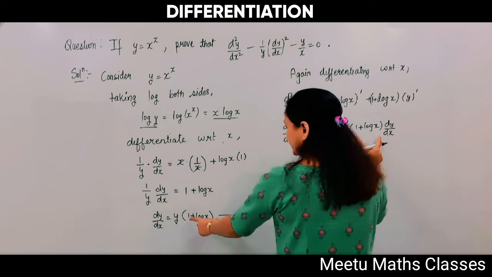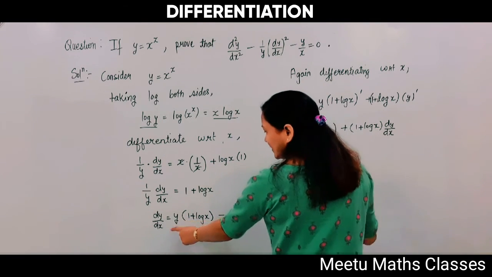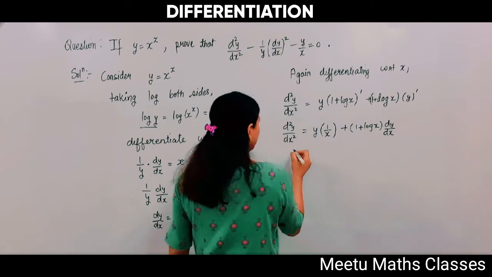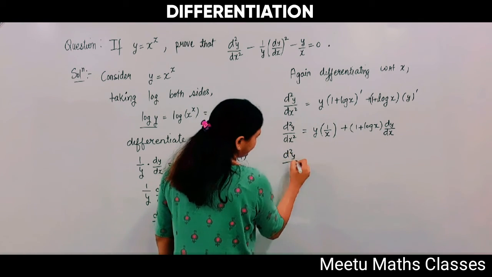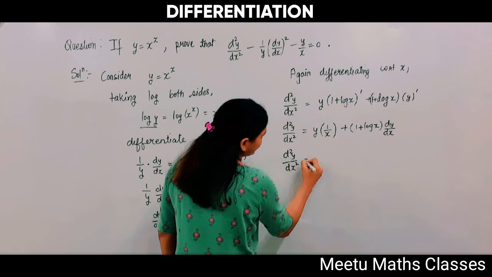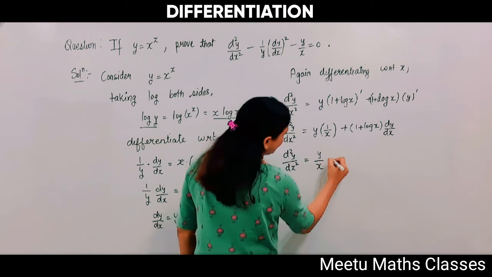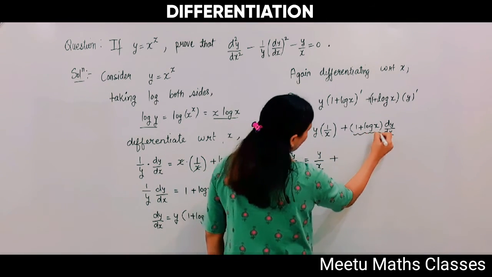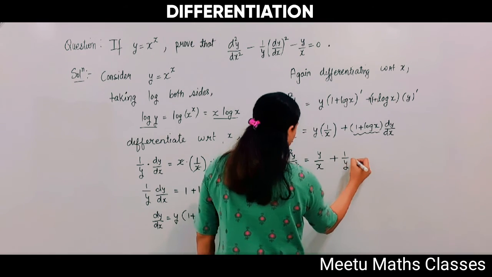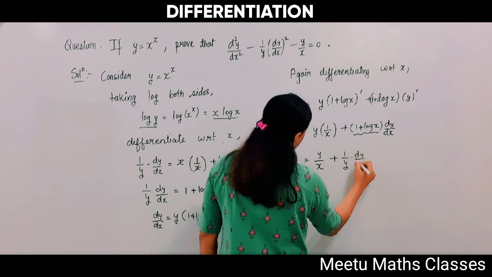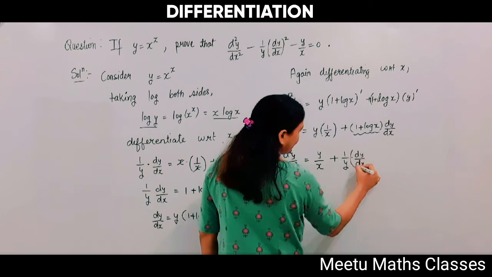You can replace 1 plus log x by 1 upon y dy by dx. So this is y by x, and using 1 plus log x can be replaced by y into dy by dx, और एक dy by dx already लिखा हुआ है.